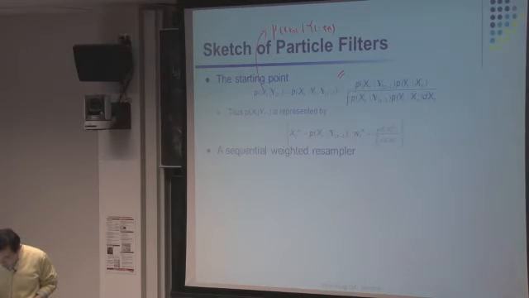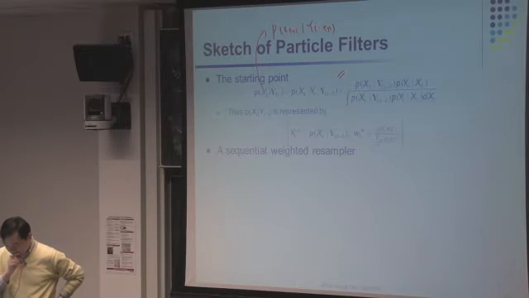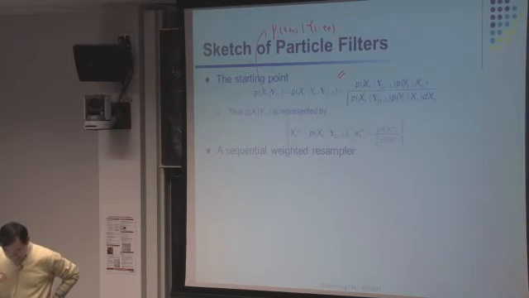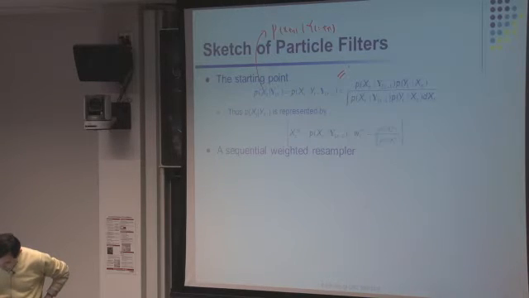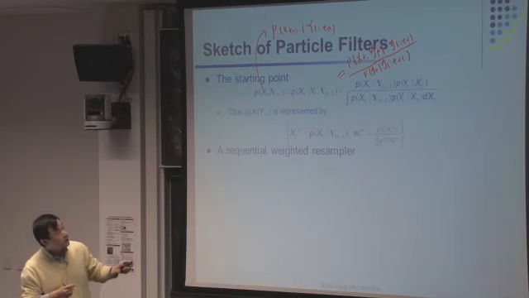We have the conditional of x given the entire y sequence, and I will do some rewriting. The numerator corresponds to p(x_t, y_t | y_1 to t-1), divided by the denominator. Do you agree with this?